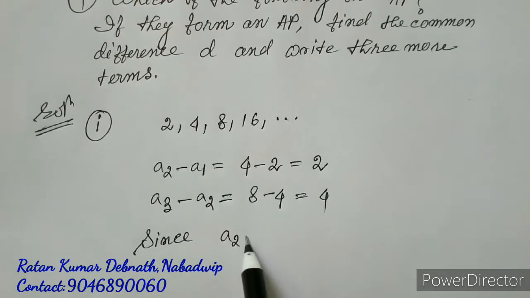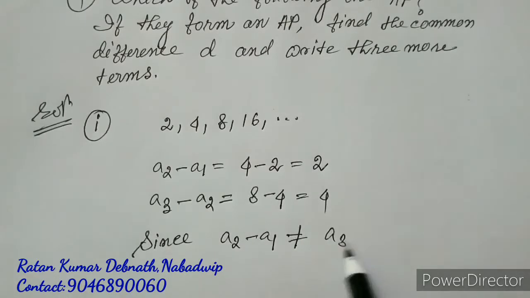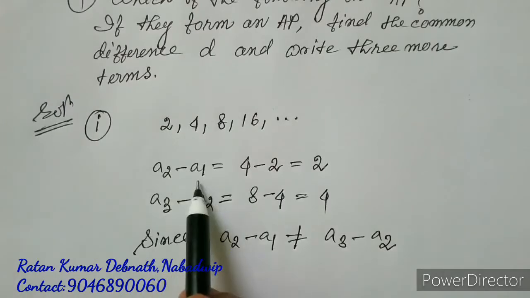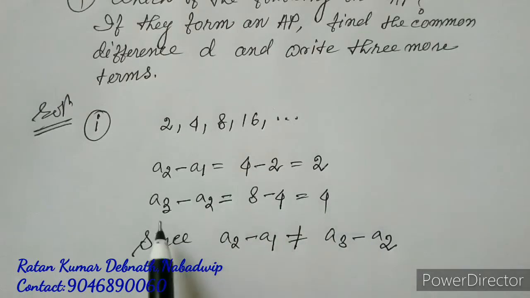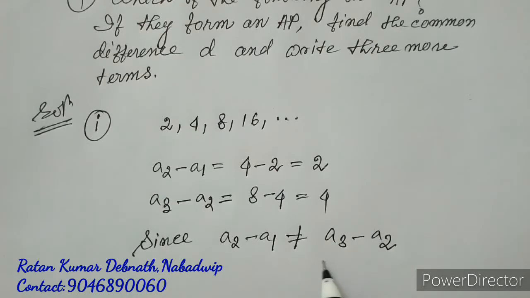Since a2 minus a1 equals 2 and a3 minus a2 equals 4, a2 minus a1 is not equal to a3 minus a2.